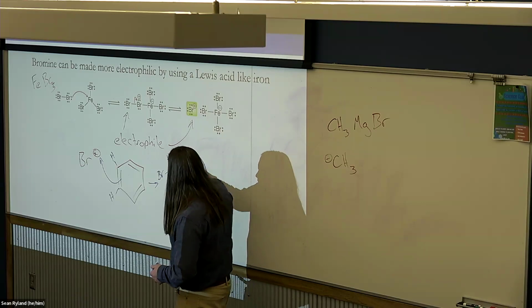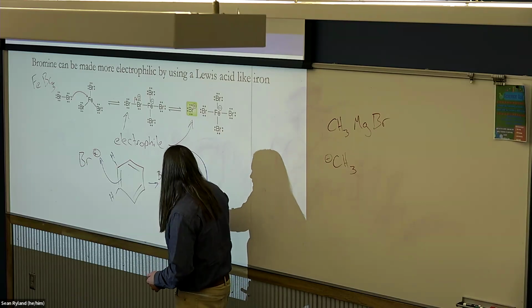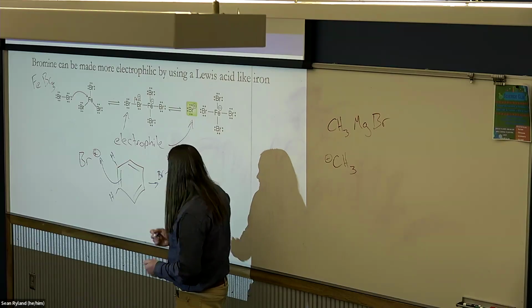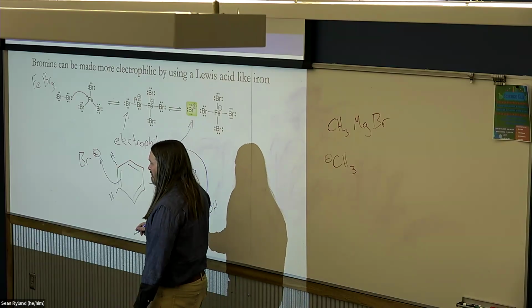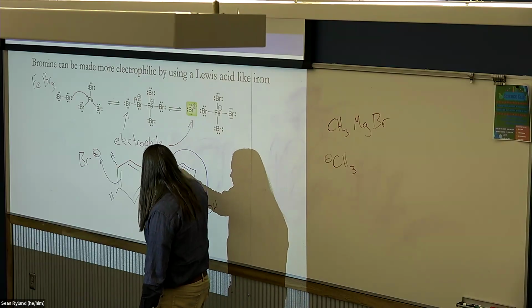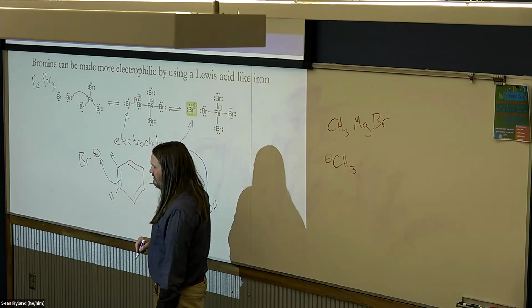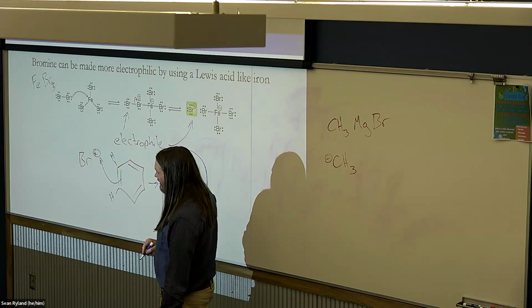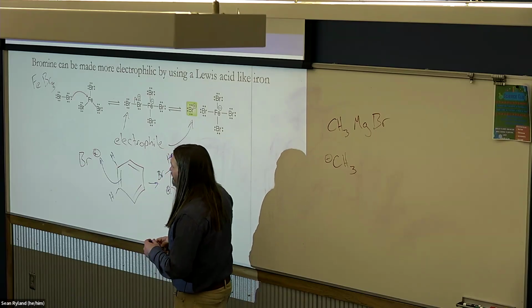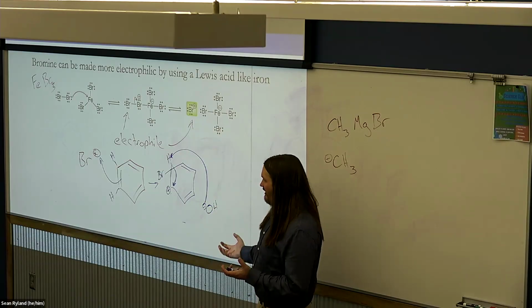So if we grab this H plus, it's not really an H plus right now, it's part of the carbon hydrogen bonds. But those electrons that are part of the carbon hydrogen bonds can move over that plus. So basically we did a swap of the electrons.